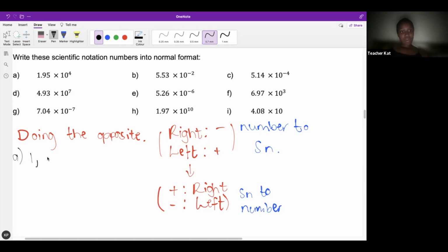So if I have 1,95 times 10 to the power of 4. Now we're doing the opposite. So we're over here. So is my exponent positive or negative? It is positive. So am I going left or right?